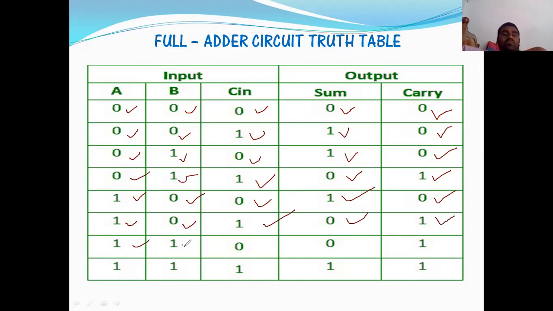Then 1, 1, 0: 1 plus 1 is 0 sum and carry is 1. That sums 0 plus 0, we are getting sum 0 only. 1 plus 1, we are getting carry 1 and sum is 0. That sums 0 plus 1, we are getting 1 only as the sum. So this is the truth table for the full adder circuit.